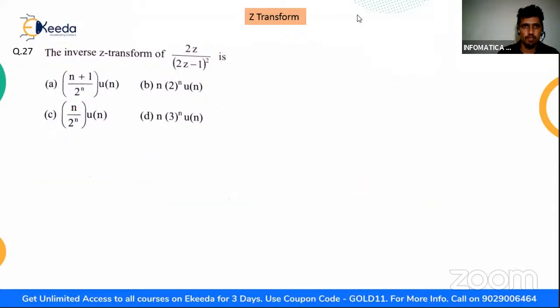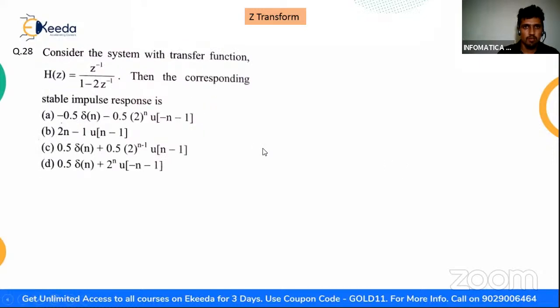So now coming to the next. This is again similar to the last ones. The important thing is they have mentioned stable. Stable means the ROC includes the unit circle.